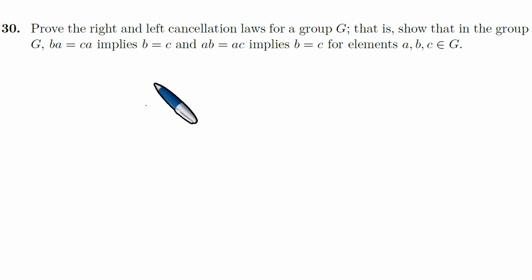Right, so that you do not slip, prove the right and left cancellation laws for a group G. That is, show that in G, ba equals ca implies b equals c, and ab equals ac implies b equals c, for elements in the group. Let us actually reason this out together.